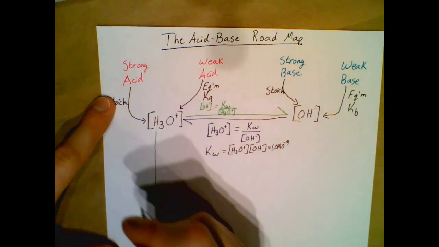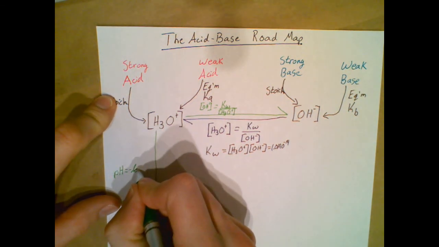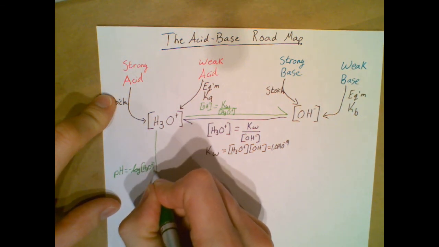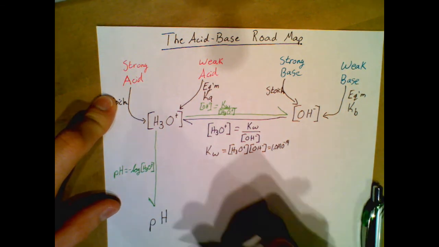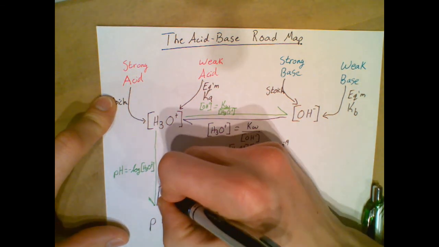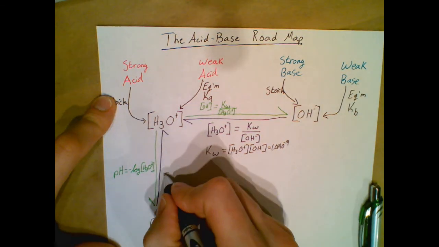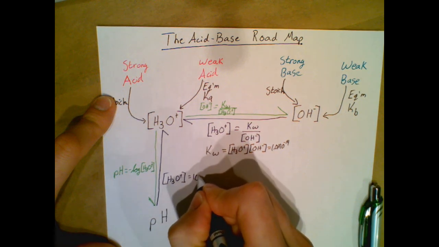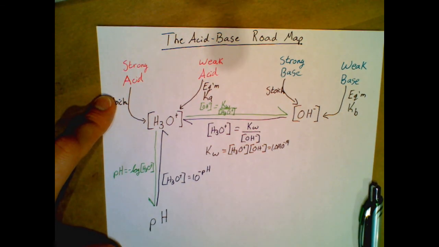Well, remember, the pH is the negative log of the concentration of H3O plus. But what if I know the pH and I wanted to go backwards and find the H3O plus concentration? Well, the concentration of H3O plus is 10 to the power of the negative pH. So now I can go from there to there.